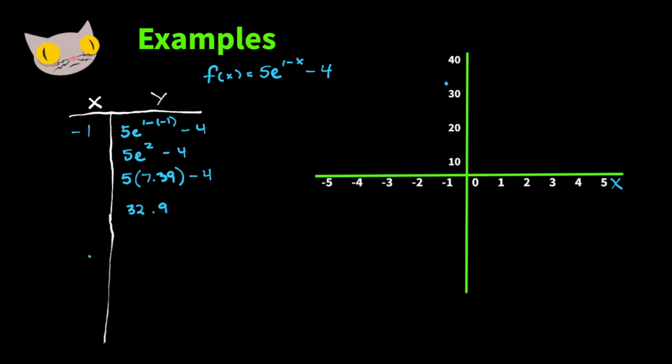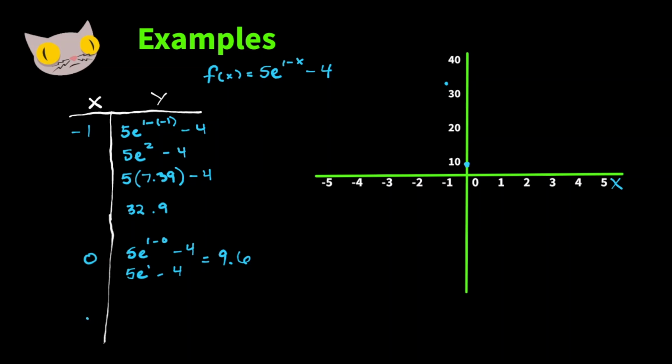Then at x is 0, we'll have 5e to the 1 minus 0, minus 4, which is 5e to the first power minus 4, which gives us about 9.6. So our next point is 0, 9.6, about there, I guess.